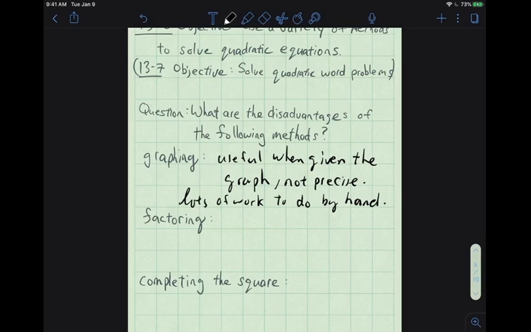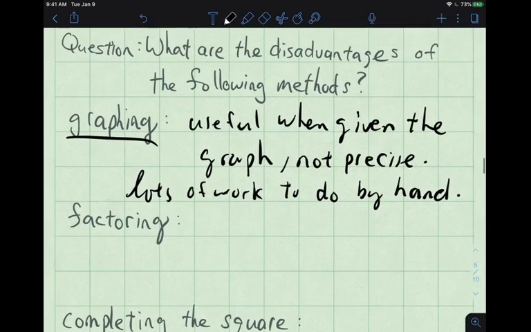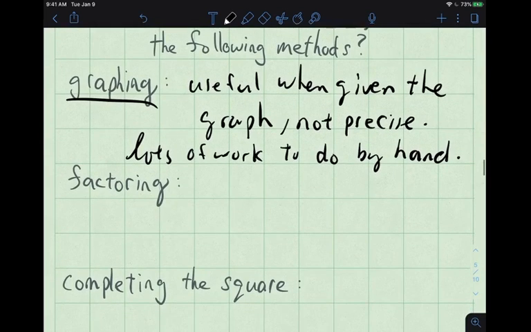Some of the benefits of graphing, you get to see the shape, you know clearly where the vertex is, and if it all happens to be on the grid lines, then using a graph is handy. Next one, we have factoring.